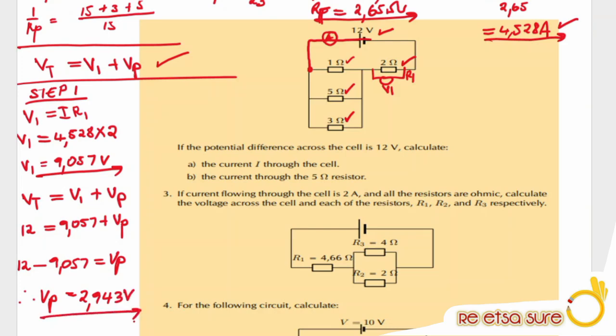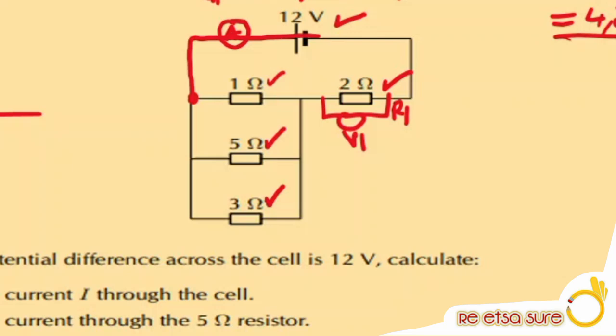What is this? This is the potential difference across the parallel resistance. Meaning the V for the 1 ohm resistor is how much? It is 2,943. The V for the 5 ohm resistor is 2,943. The V for the 3 ohm resistor is what? 2,943. Why?